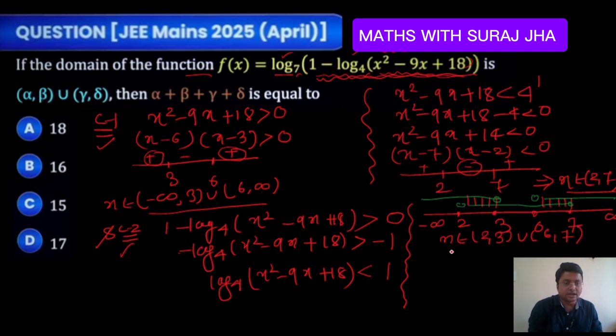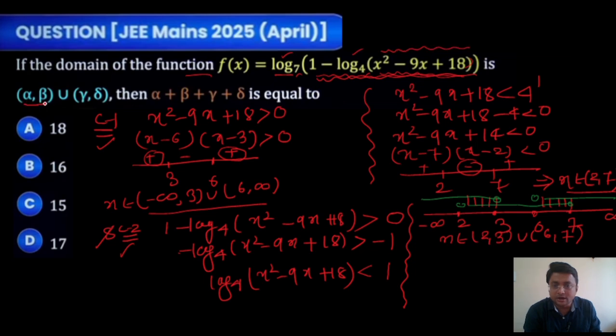And we already have the condition: (alpha, beta) and (gamma, delta), then you have to find the value of alpha plus beta plus gamma plus delta. So you can compare.